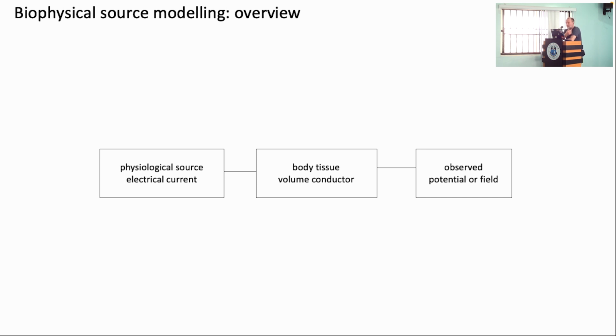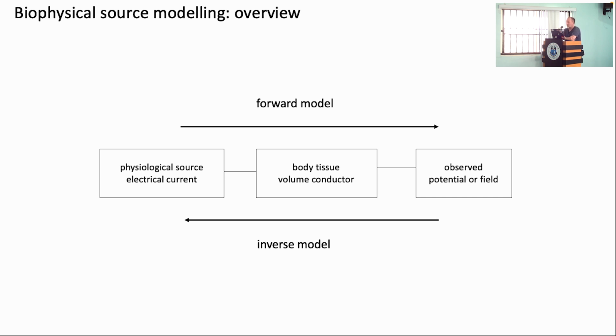From the perspective of the physics, if we go from the physiological source to the observation, we call that a forward model. Whereas if we go from the observed potentials or fields and try to infer what the underlying sources are, that's what we call an inverse model. So we're using models to understand the relation between the sources in the brain and the EEG.